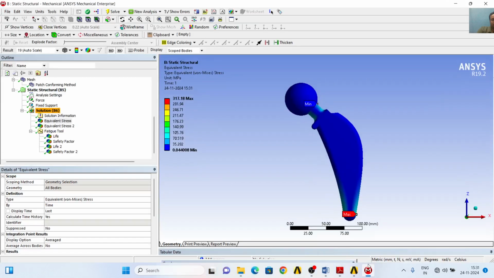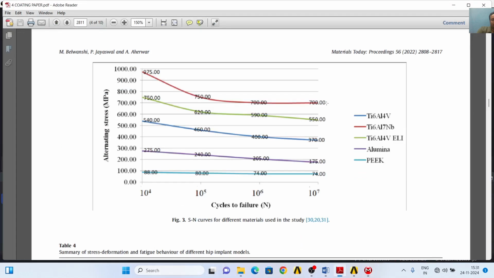Here we can see clearly that the maximum stress is 317.18 megapascal, developing in the lower region of this hip implant geometry. So 317 is very well below the alternating stress for 10 to the power 7 life cycles. So titanium 6Al4V is also going to survive 10 to the power 7 life cycles.